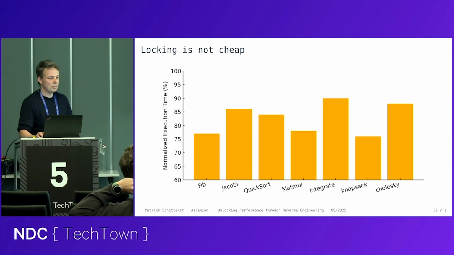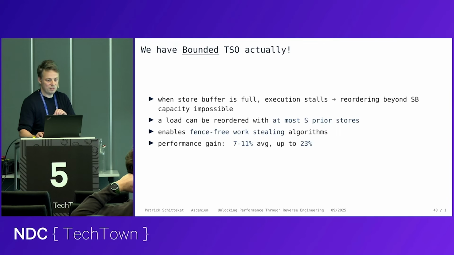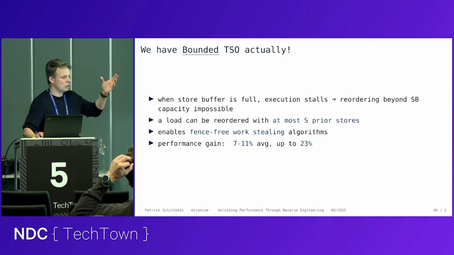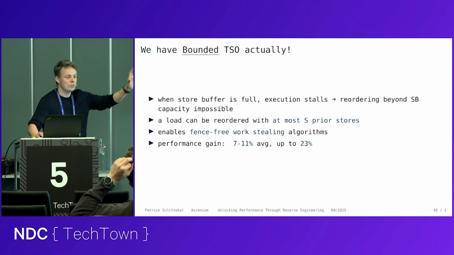I don't have time now to explain this, but basically about 25% of the time you spend locking in your program goes to these fences. But we know there is a bound on how much stores can be reordered with loads, because we have the store and load buffer sizes.